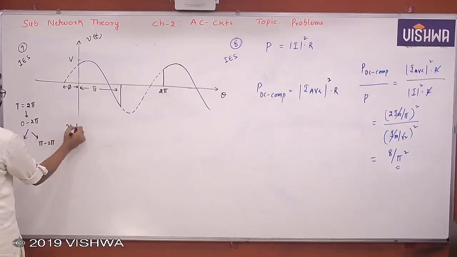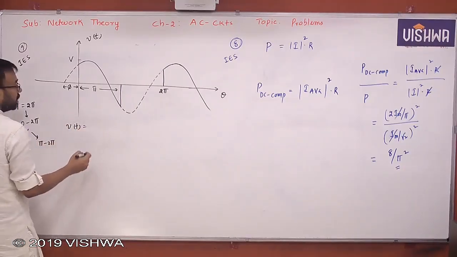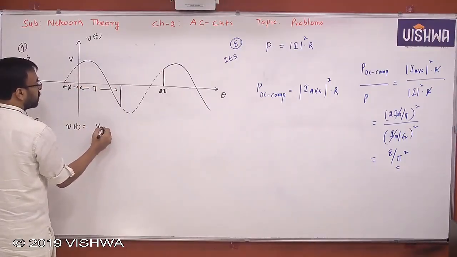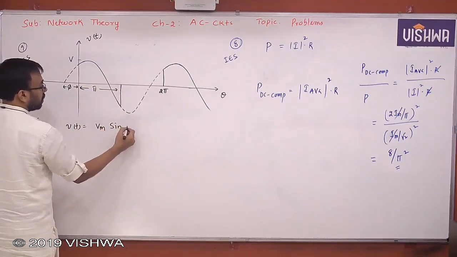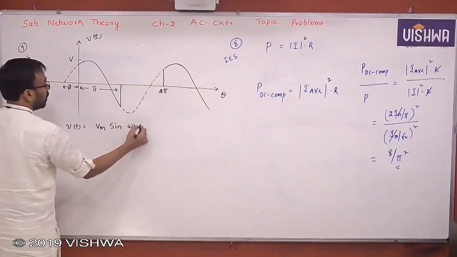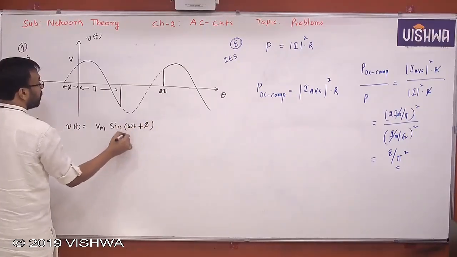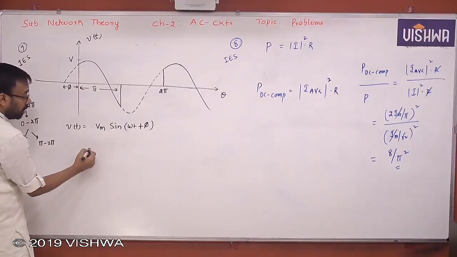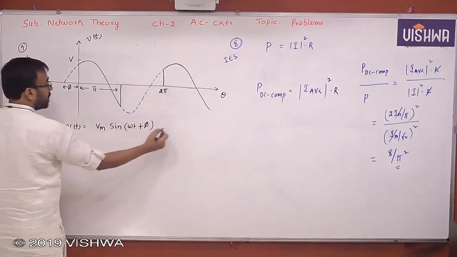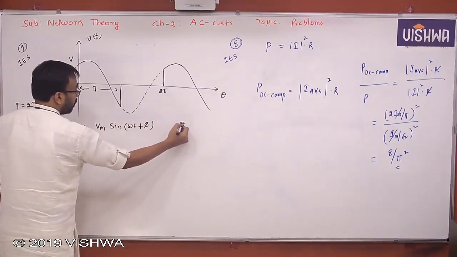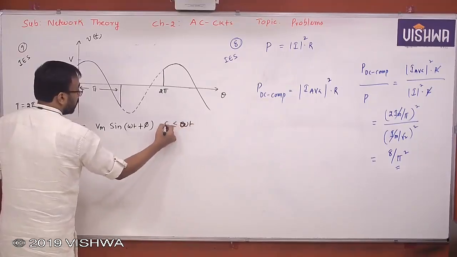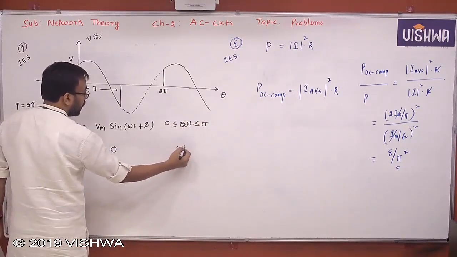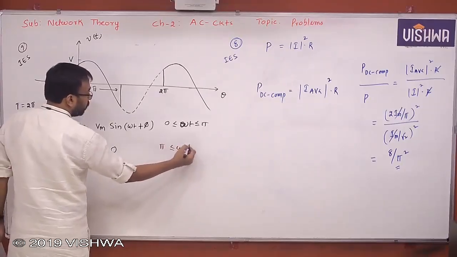So mathematically, from 0 to pi it is V max sine of omega t plus phi, because it starts a bit advanced. For omega t between pi to 2 pi, there is no signal.